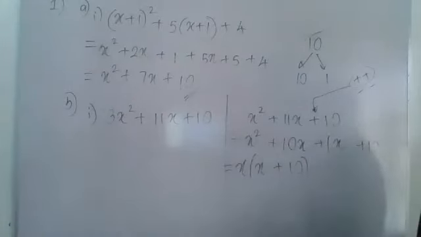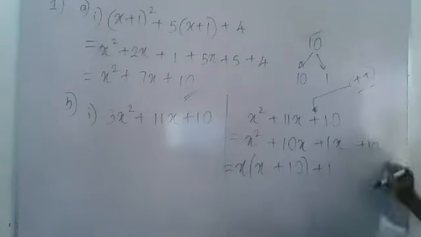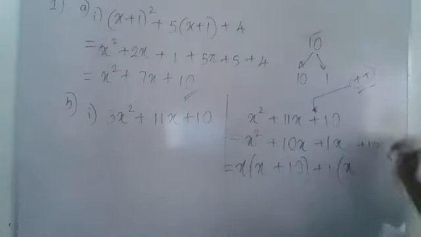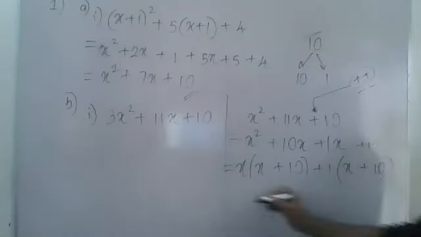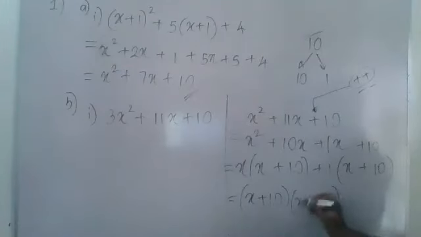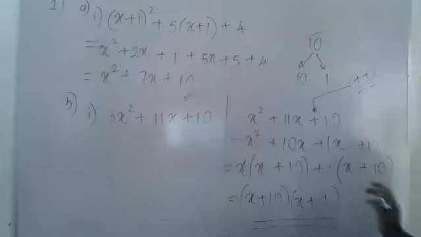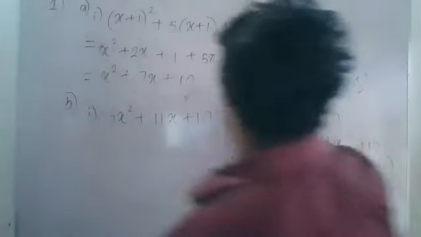Then from the next 2 terms, the one and only factor is 1. You have to divide those by 1 as well. Okay, x plus 10 is a common bracket, and what's the remaining bracket? x plus 1. Okay, this could have been your answer.